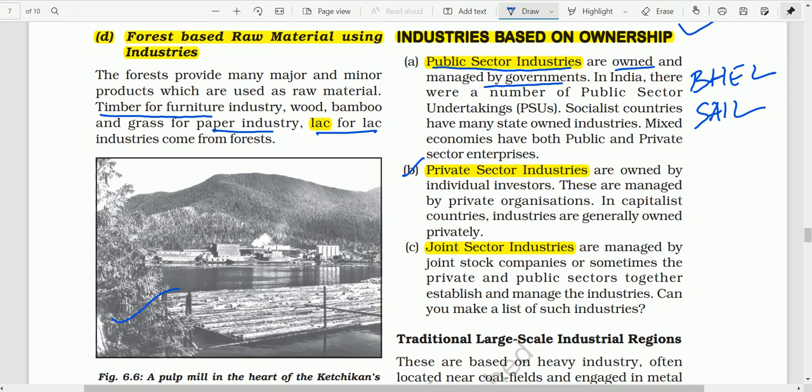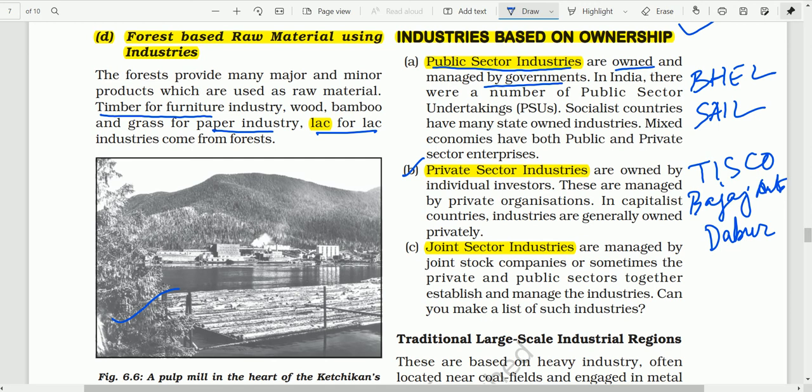We have examples of private sector industry like TISCO, Tata Iron and Steel Company. Then we have Bajaj Auto Limited. Then we have Dabur Industries. So all these are examples of private sector industries in India.